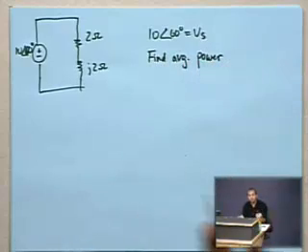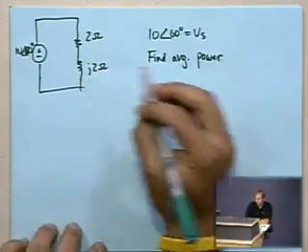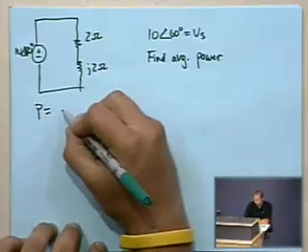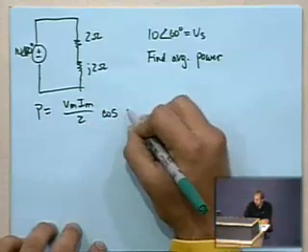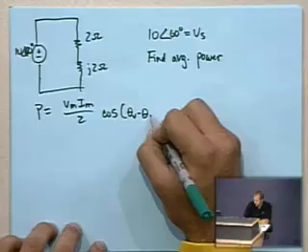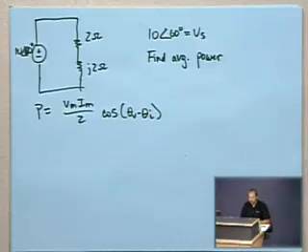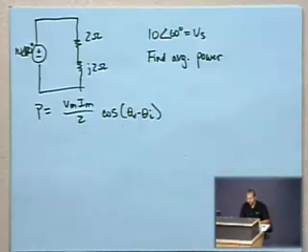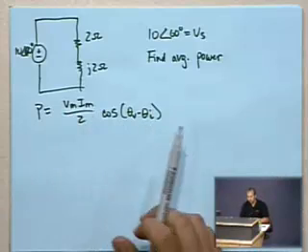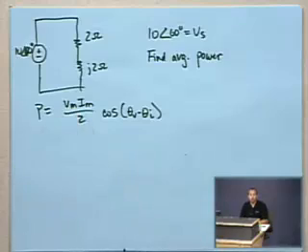Well, we need to know what the current is going through it, because our average power is V sub m, I sub m over 2 times the cosine of theta V minus theta I. We have V sub m and theta V. We need to find out what I sub m and theta I are, or else we can't finish solving.